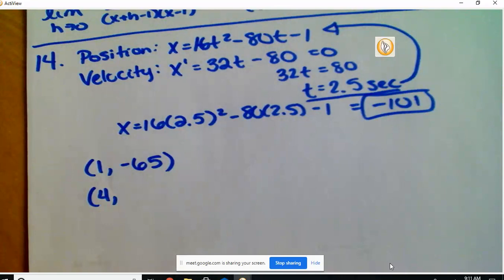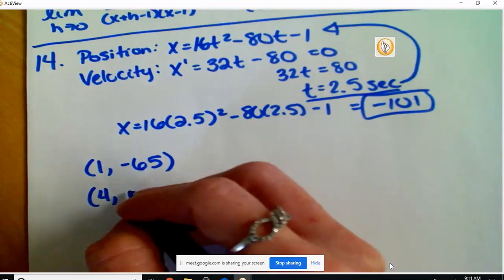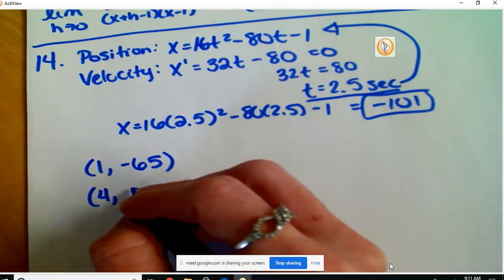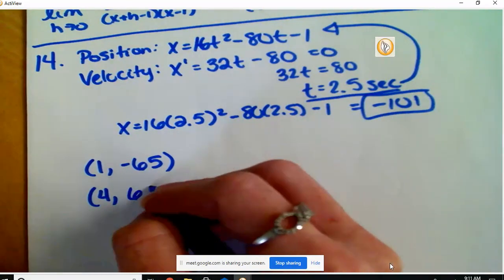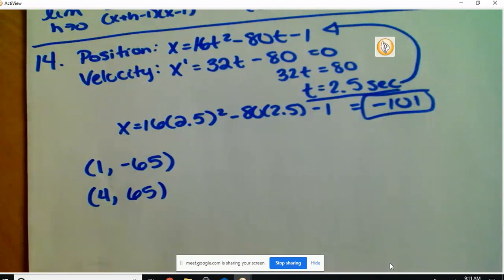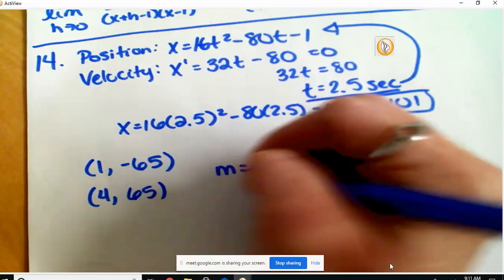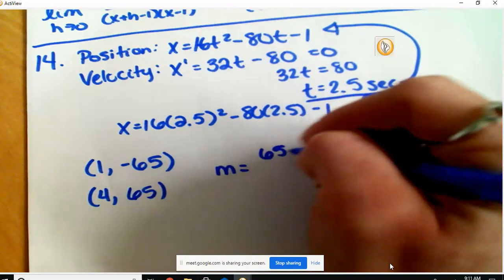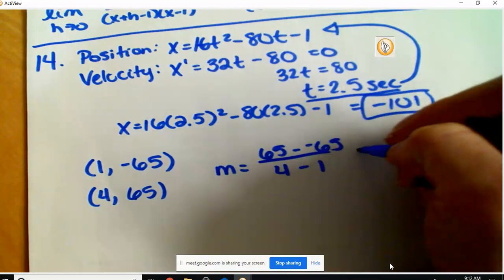And when you put in a 4, what do we get? What did you get? Positive 65. So now we do the slope between those. So y sub 2 minus y sub 1 over x sub 2 minus x sub 1.